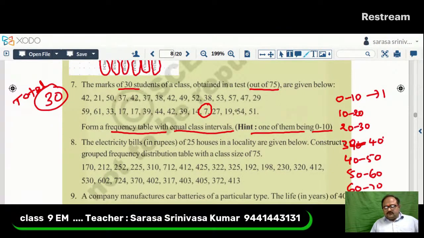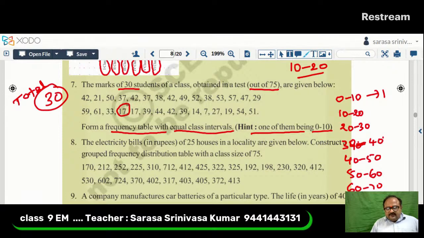Now we consider the second class interval, 10 to 20. Let us observe. In the first row there are no students.